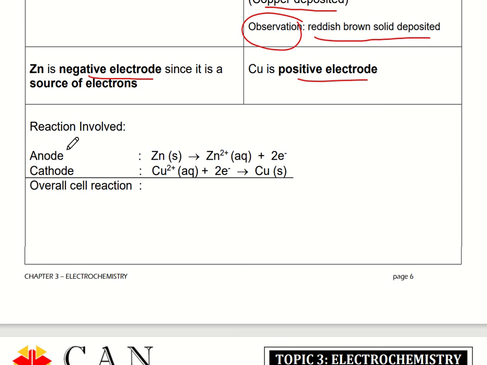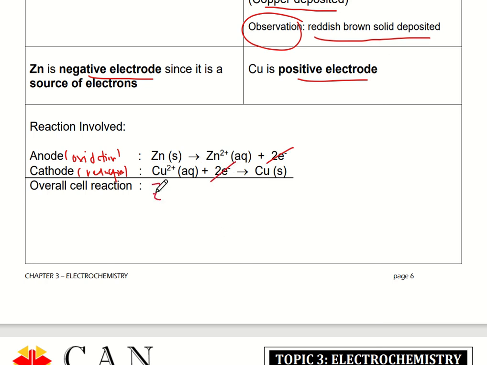Okay, so kat sini awak kena buat dia punya overall equation. Kita tahu anode dia berlaku adalah oxidation, you tulis kat situ. Cathode dia berlaku reduction. So bila kita buat overall equation dia, you kena faham bila kita buat redox equation, kalau mana yang sama kita boleh cancel. So yang ni different side dia 2 electron, so we'll minus 2 electron.